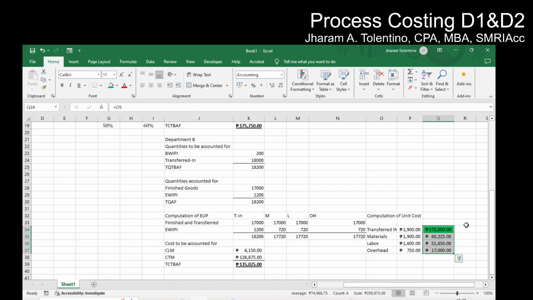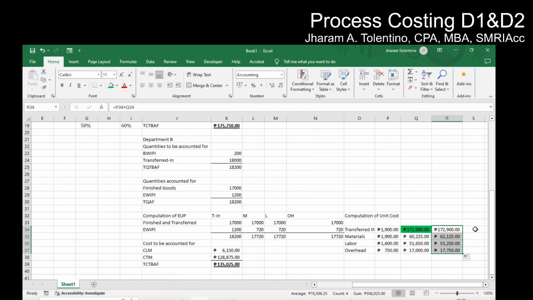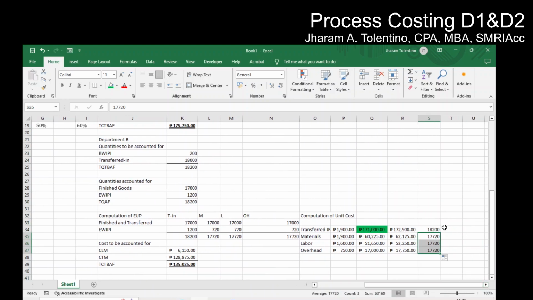Let's label them as cost. Just get the total. Once again, that is weighted average, so it's cost last month plus cost this month. And then the EUP, or 18,200. Don't get confused here, why 18,2? Because there are no distinctions. And then 17,720. There are no distinctions between last month.